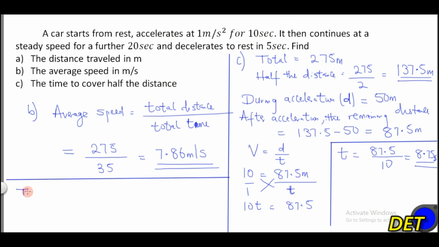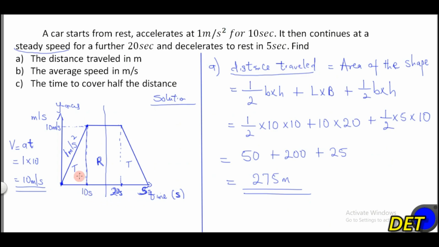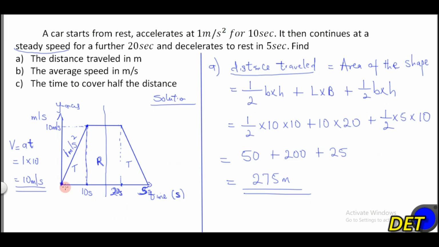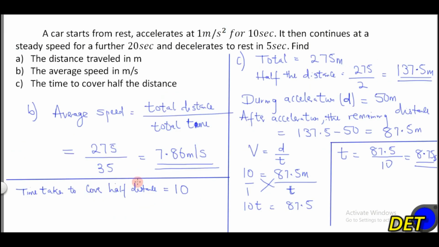So the time taken to cover half the distance will be equal to 10 seconds, the time to cover these 50 meters, which is the time taken to accelerate, plus the time taken to cover the remaining distance of 87.5 meters, which is 8.75 seconds, right?